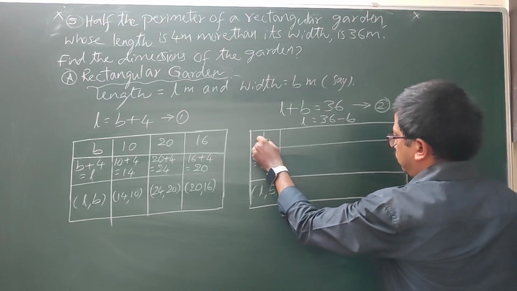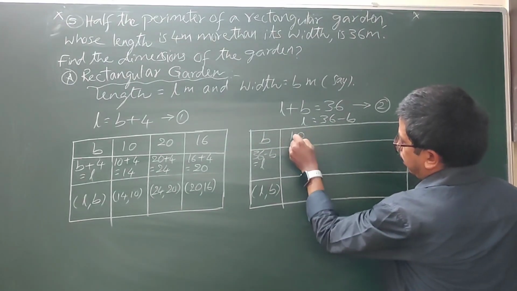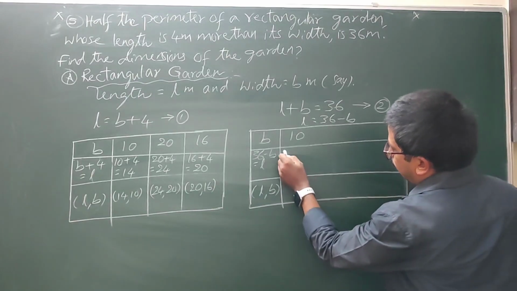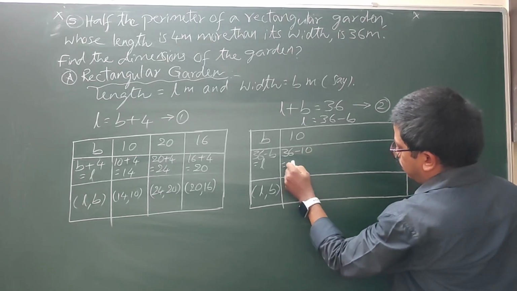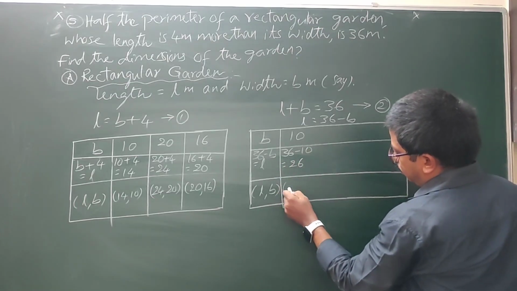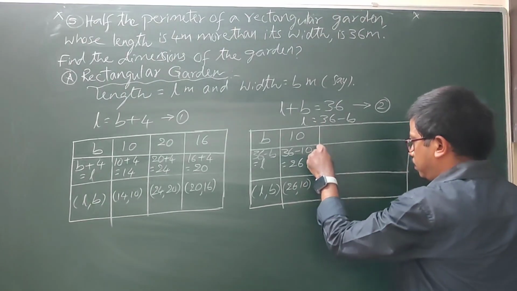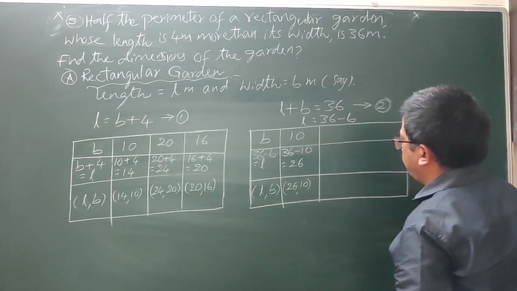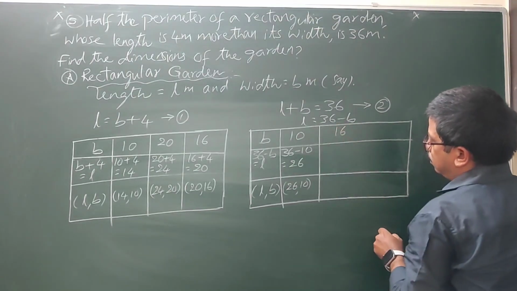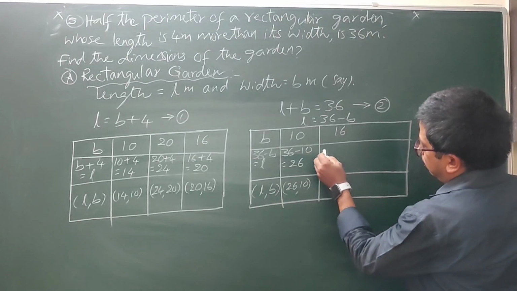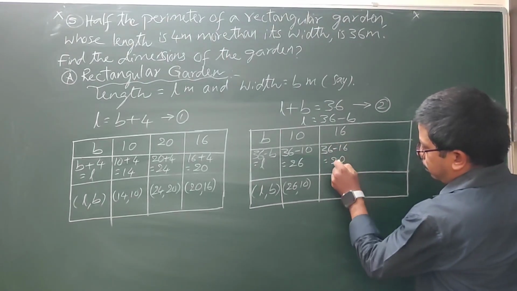If I take B as 10, 36 minus 10 equal to 26. So 26 comma 10. Next, if I take B as 16, 36 minus 16 equal to 20.